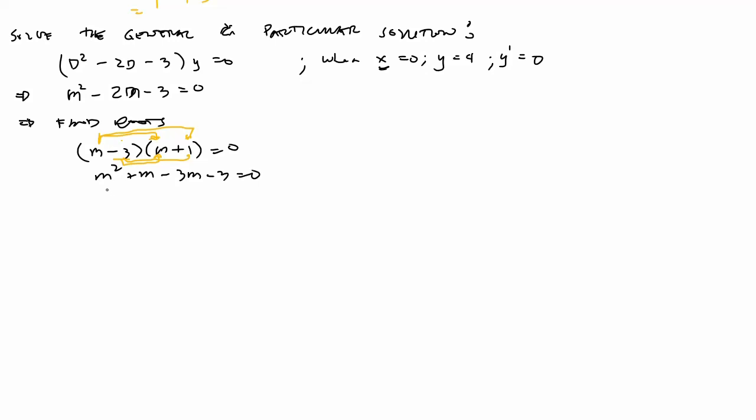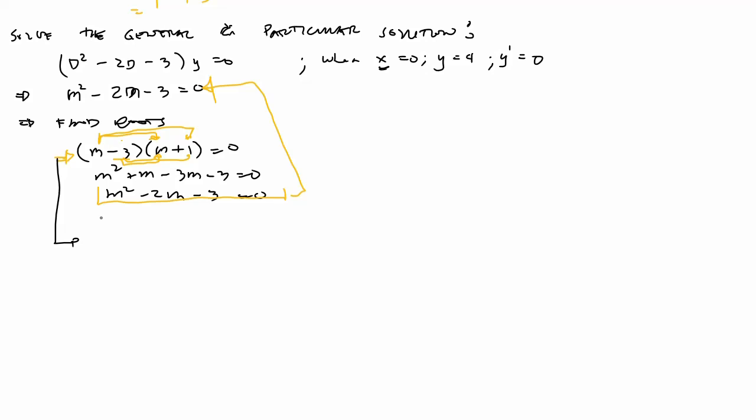So we have m squared plus m minus 3m, we have negative 2m, minus 3 is equal to 0. As you can see, this is equal to this one, so our factoring is correct. So m minus 3 times m plus 1 is equal to 0 is just equal to m squared minus 2m minus 3 is equal to 0.